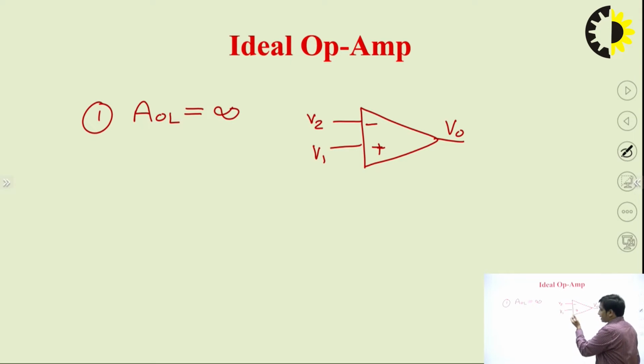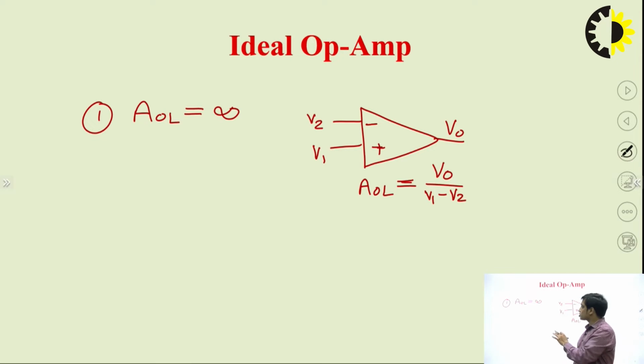We can calculate the gain of this operational amplifier. That gain will be called AOL, open loop gain, because there is no feedback path. It will be output voltage upon input differential voltage, because operational amplifier is basically a difference amplifier. It amplifies the difference between two signals, V1 and V2. So AOL will be V0 upon the voltage at the non-inverting terminal minus the voltage at the inverting terminal. So AOL is V0 upon V1 minus V2. For ideal op-amp, it should be infinite.